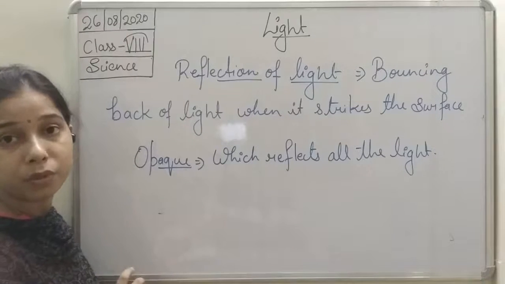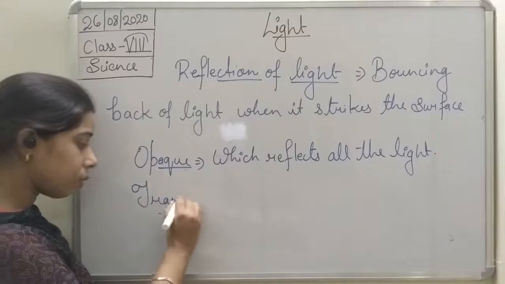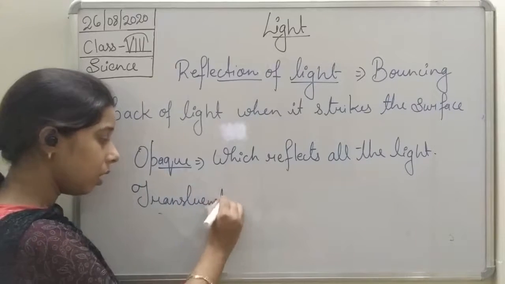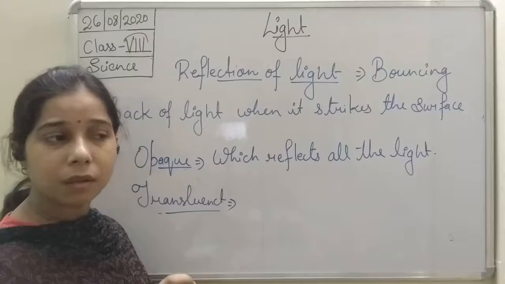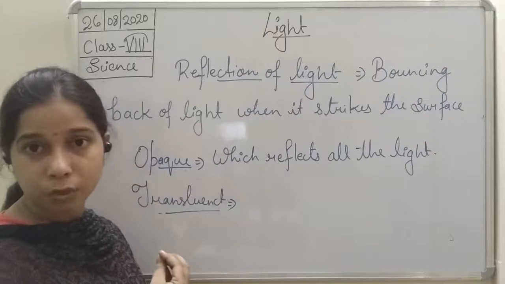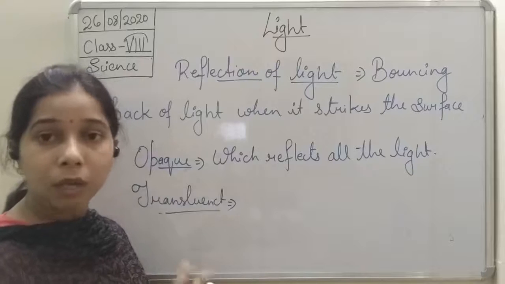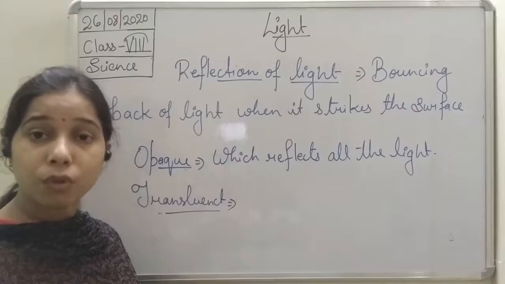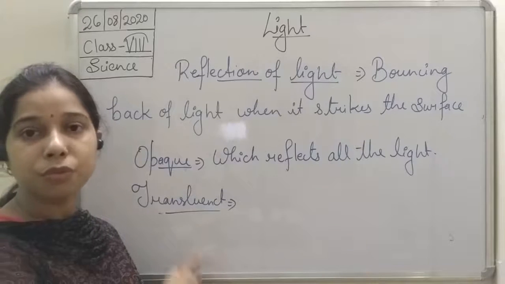If we talk about translucent objects, in a translucent object we can see things partially, because it allows a little light to pass through it. If a little light passes through it, what about the other light, student? That other light will be reflected back by the translucent material.